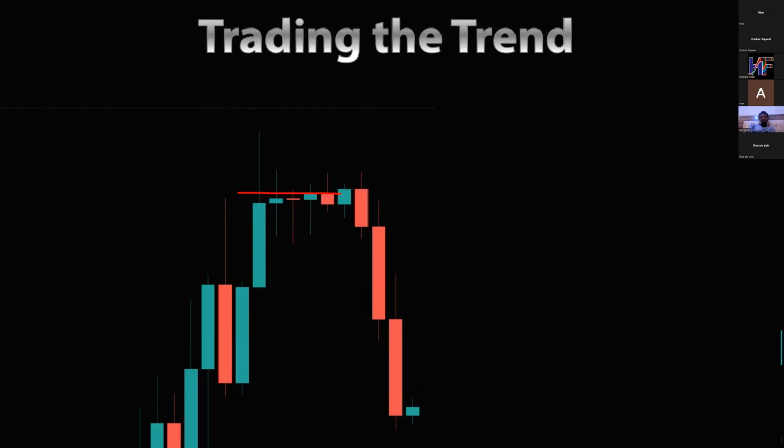But okay, this is a support forming. But this candle closed below a support. Support formed right here. And there is plenty of range. There are clean candles down.